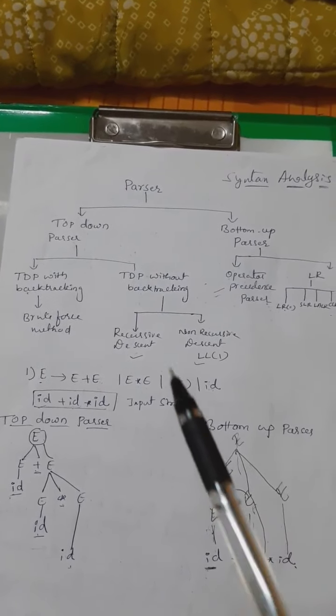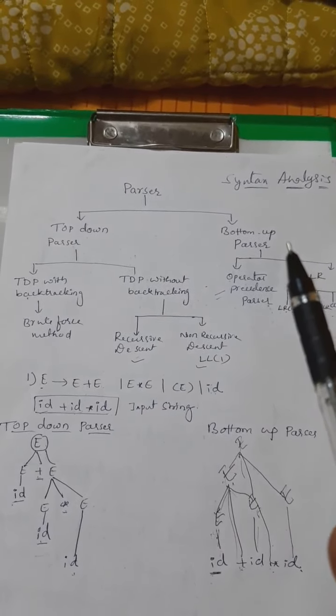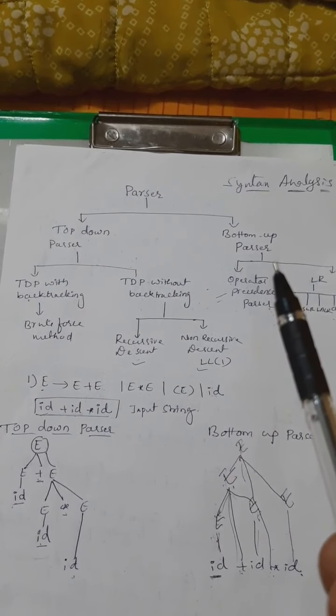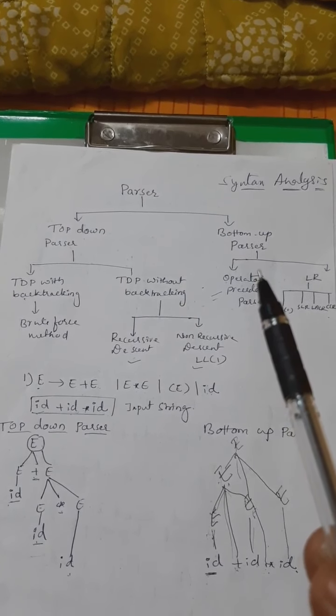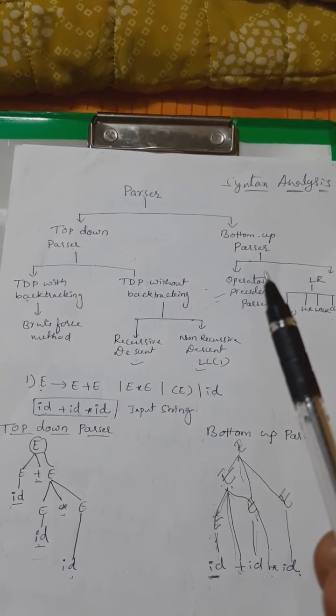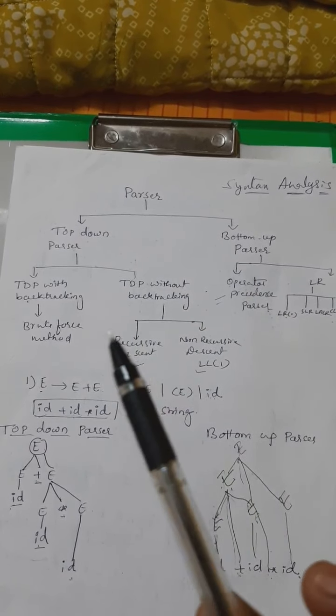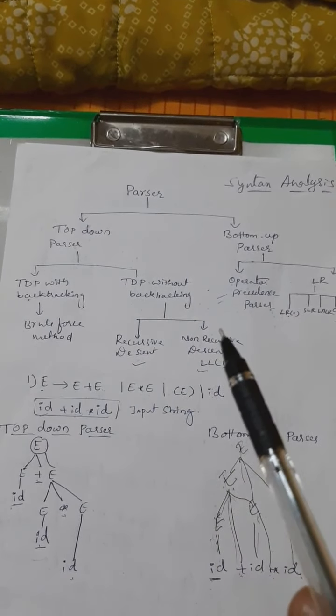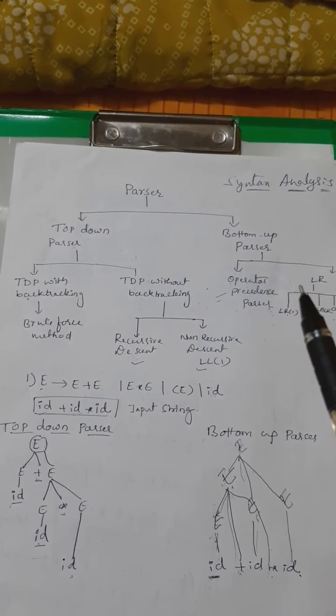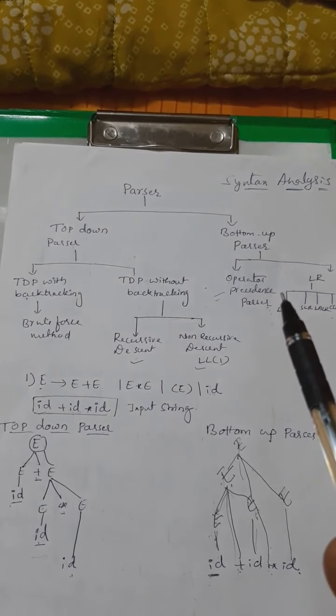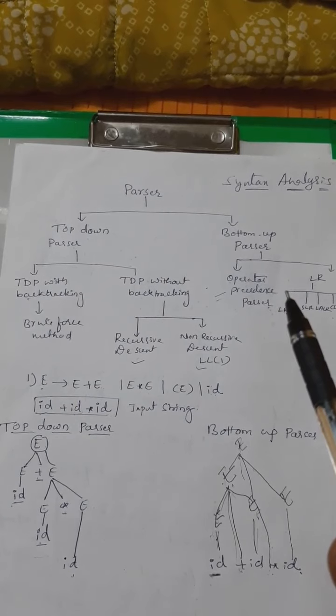So this is about these two types of parsing methods. Let us see the ambiguous and unambiguous grammar. As I said, all these parsers will work on an unambiguous grammar.